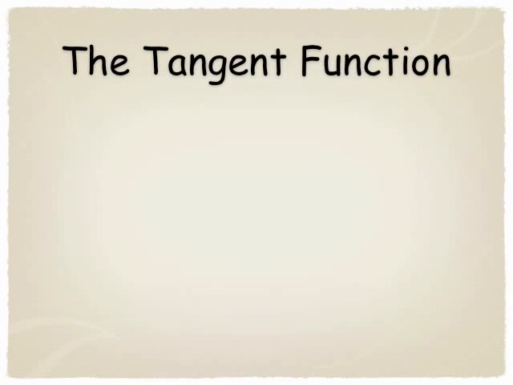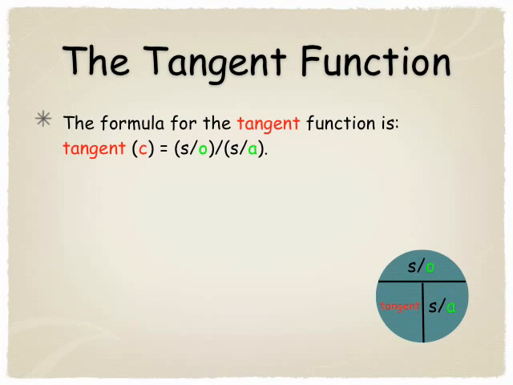Now let's take a look at the tangent function. The formula for the tangent function is the tangent of the angle C is equal to the side opposite over the side adjacent.